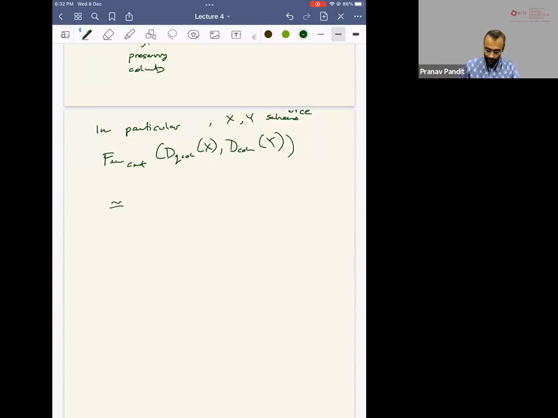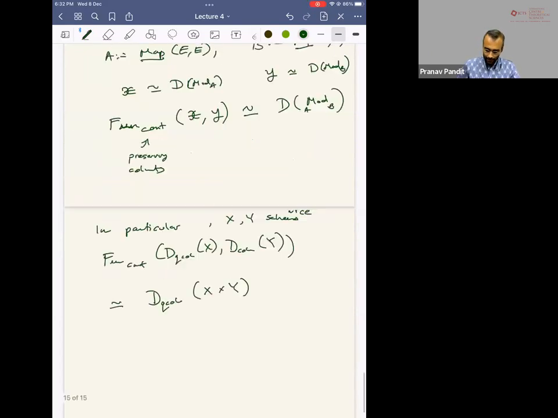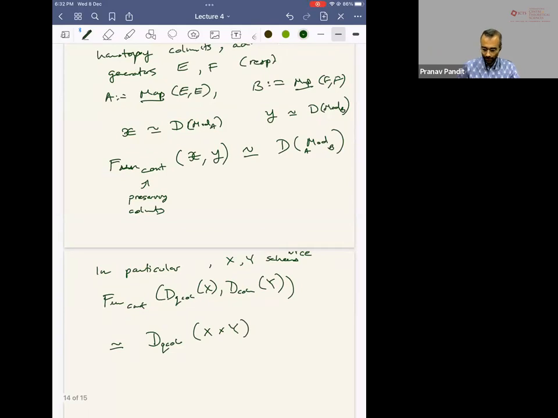So this is equivalent to D quasi-coherent of X cross Y. Right? This is Morita theory, and so what is the identification here? Given a bimodule M, I get a functor phi M from mod A to mod B, or whatever derived category.